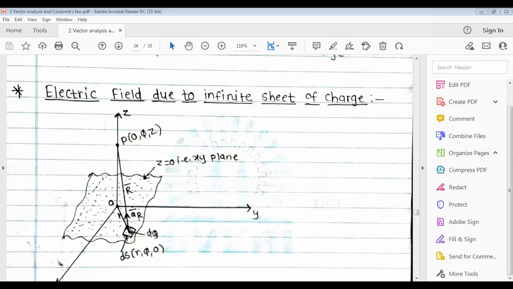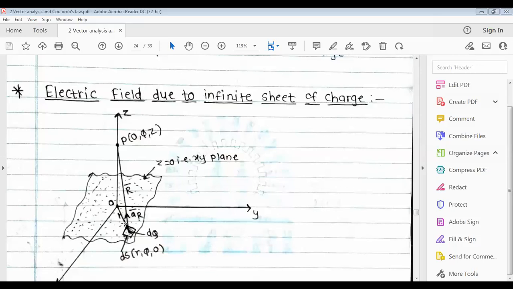Now, as we are considering the cylindrical system, the coordinates are r, phi, and z, but our sheet is located in the x and y plane, where the z coordinate is 0. Here it is given z is equal to 0 because your sheet is placed in the x and y plane only.